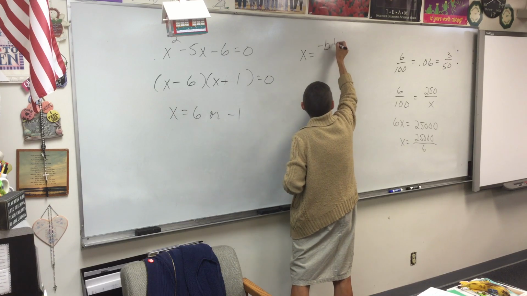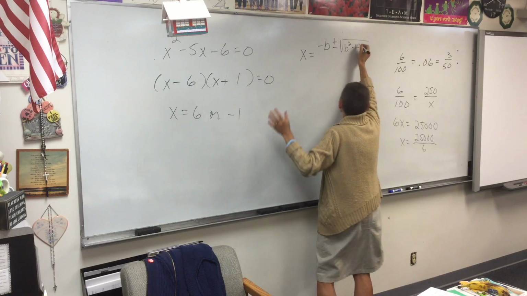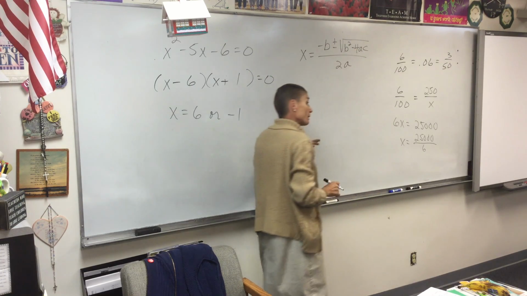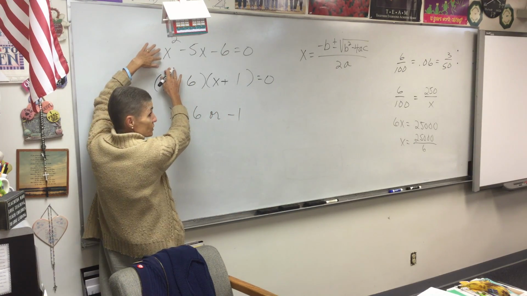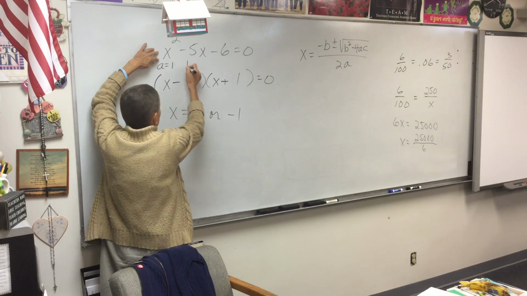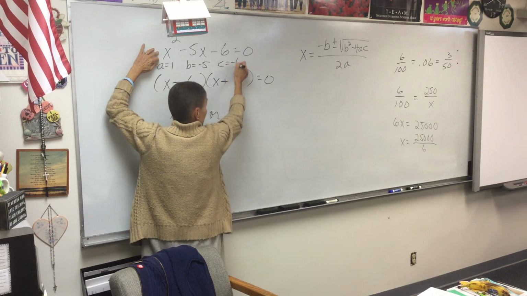The opposite of b, plus or minus the square root of b squared minus 4ac, all over 2a. Bingo. There it is. When we talk about a, b, and c, we're talking about the coefficients in the problem. So a is 1, b is negative 5, and c is negative 6.